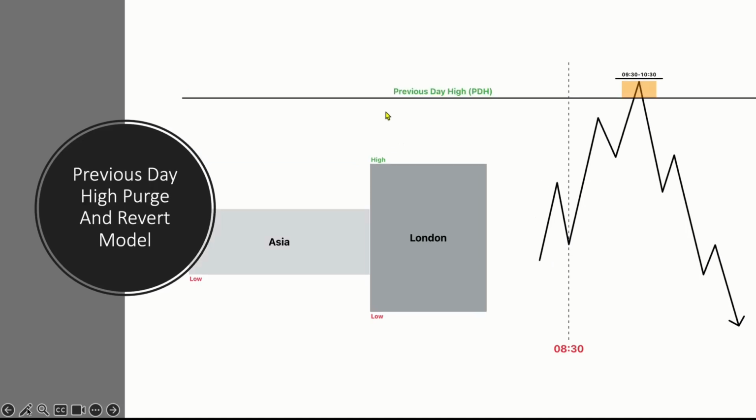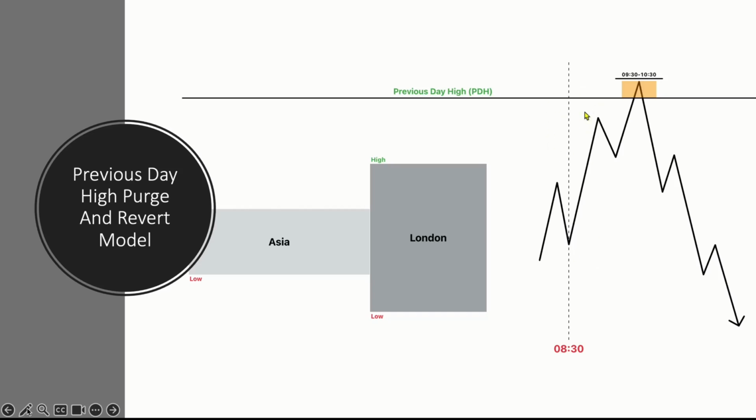The next schematic is a previous day high purge and revert model. This model occurs when we see that Asia was a consolidation, London takes out both sides of Asia, and we then see that around 8:30 the market begins to reprice higher towards previous day high.